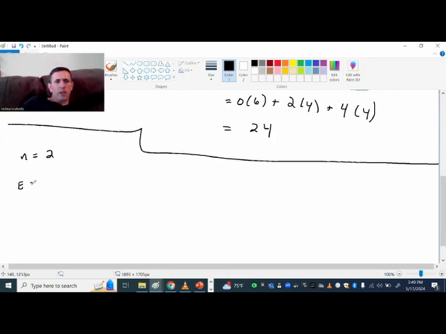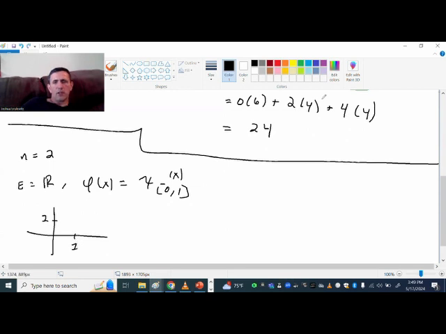Let's say E is the real line, and my simple function on E is just a characteristic function of 0 to 1. So the graph of this is pretty trivial. Let's say we have 1 here, roughly. I'll use light blue again.